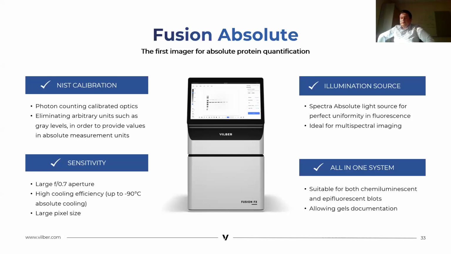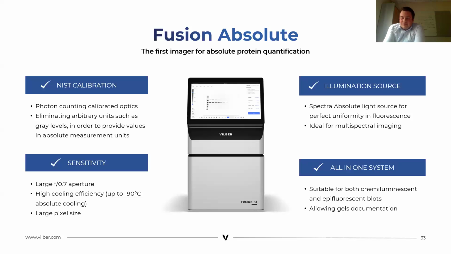And third, for the fluorescence, the illumination source is essential. It's very important to have a uniform light source, as I said. And also, it's very important to have narrow band pass filters to select precisely the emission light. And finally, I think the most important thing is to have an all-in-one system.